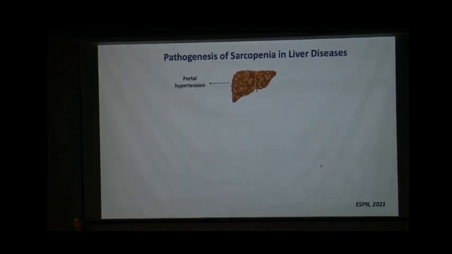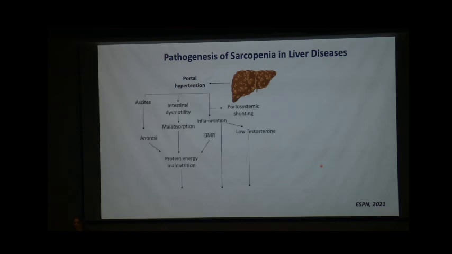The pathogenesis of sarcopenia is well characterized: increased portal pressure leads to ascites, anorexia, intestinal dysmotility and malabsorption, which lead to protein-energy malnutrition, and along with inflammation and low testosterone levels, eventually lead to sarcopenia.